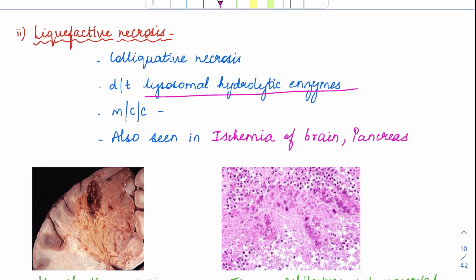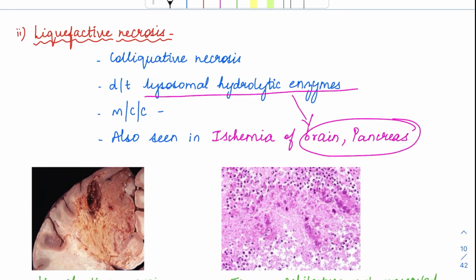So organs which are rich in hydrolytic enzymes are going to undergo liquefactive necrosis. That is the reason why brain and pancreatic tissue, even during ischemia, undergo liquefactive necrosis, because both brain and pancreas are rich in these hydrolytic enzymes. So ischemia in brain and pancreas will result in liquefactive necrosis rather than coagulative necrosis.